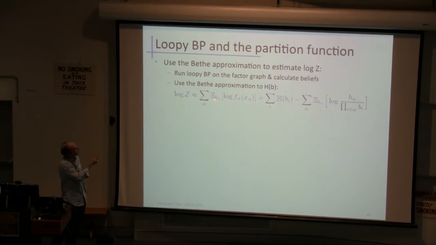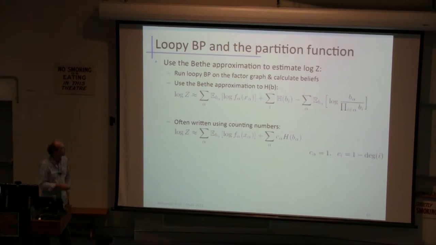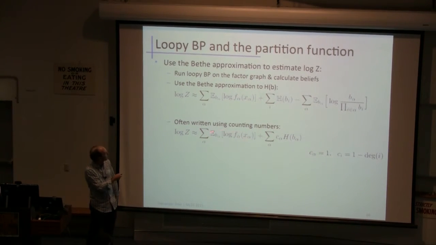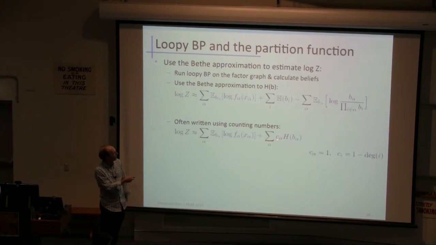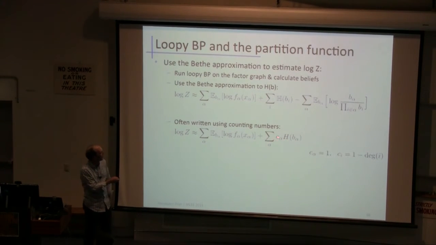So this is a sort of pairwise expression in terms of entropies and informations. Sometimes you'll see it written in terms of counting numbers of entropies as well. So the log partition function is written as the expectation of log f plus a sum over local entropies of each clique alpha times some counting number c alpha.